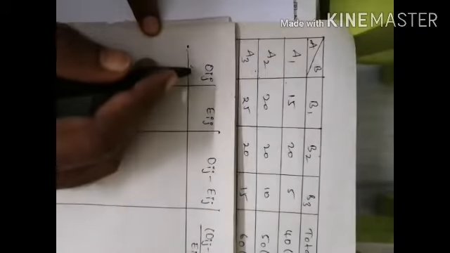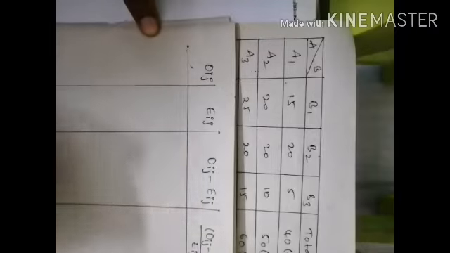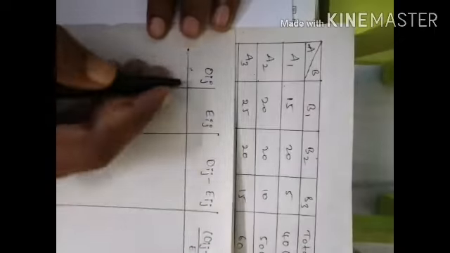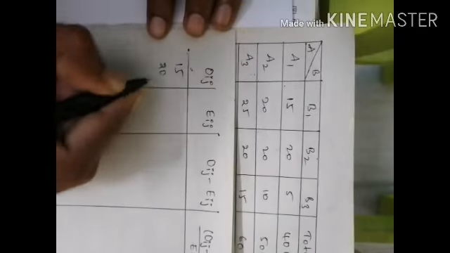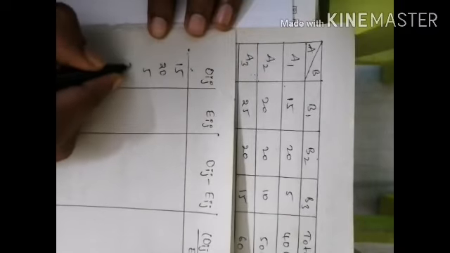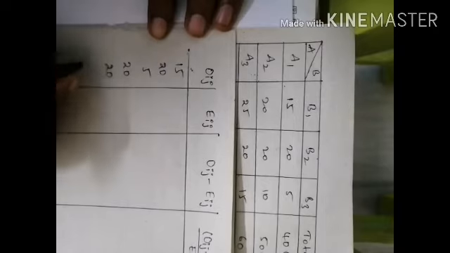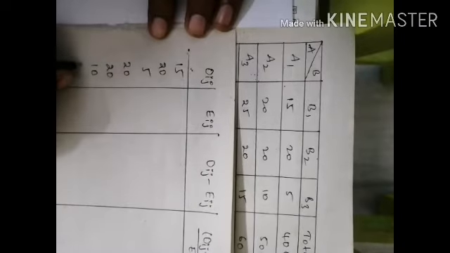Now we need to write the observed and expected frequency values in the table. The observed frequencies from the question are 15, 20, 5, 20, 20, 10, 25, 20, 15.